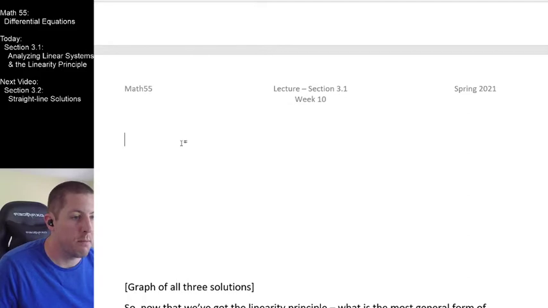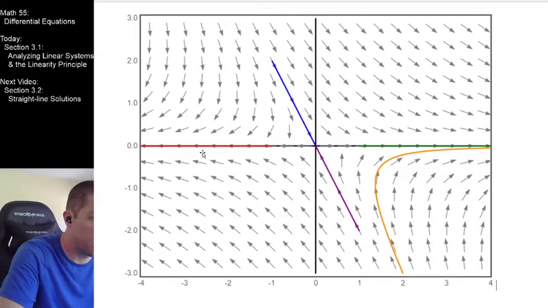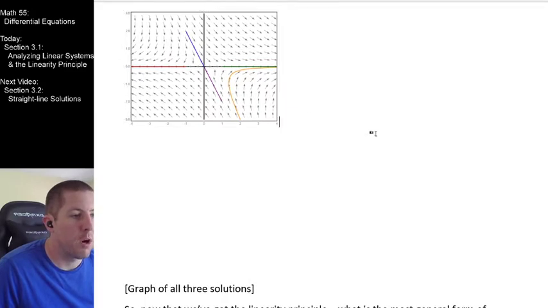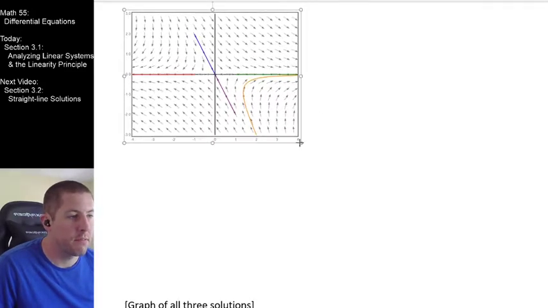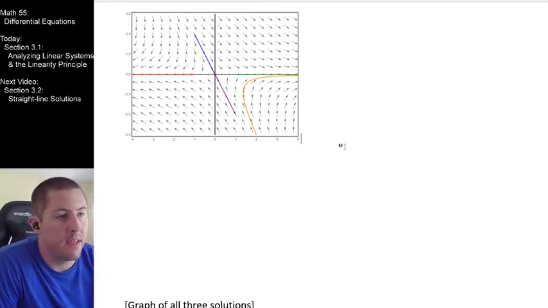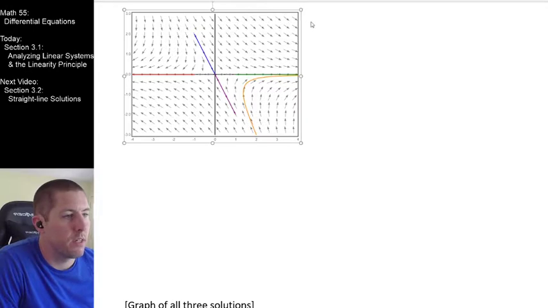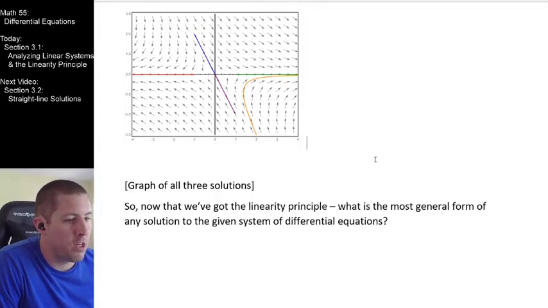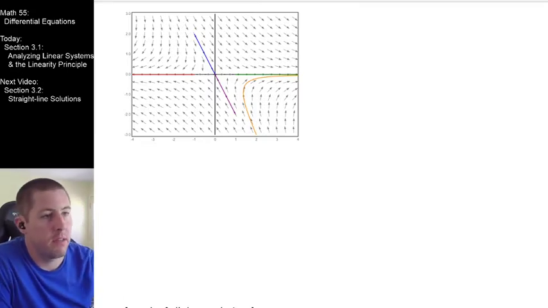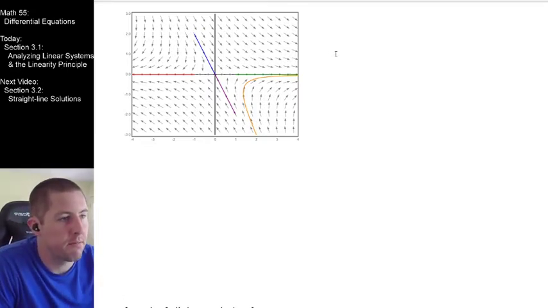All right, so our claim here. I want to mark several things on this graph. This is my Word challenge of the day: will Microsoft Word allow me to draw on this graph? Here we go.